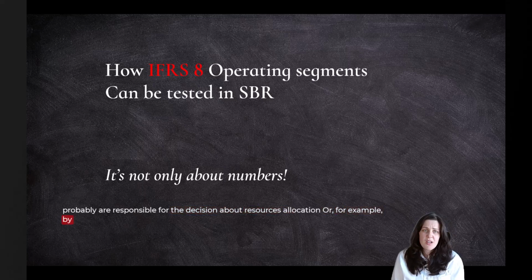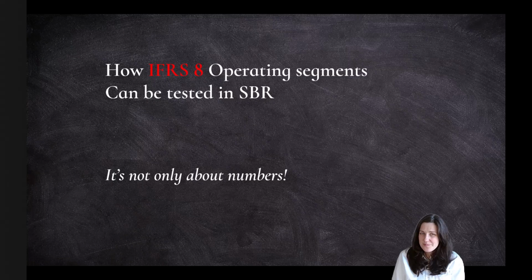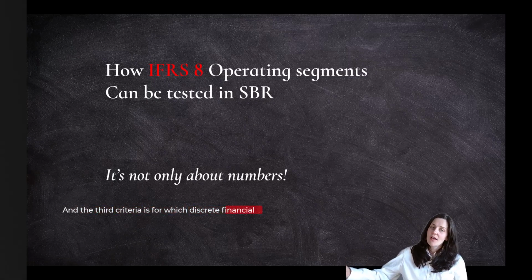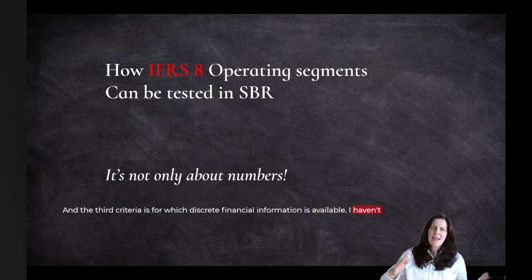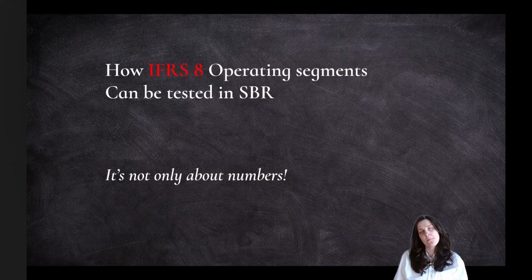Or, for example, by just a management accountant who has no impact on the resources allocation. So this criterion is not met. And the third criterion is that discrete financial information is available. I haven't seen this tested, frankly, so we most likely expect that there is some data.